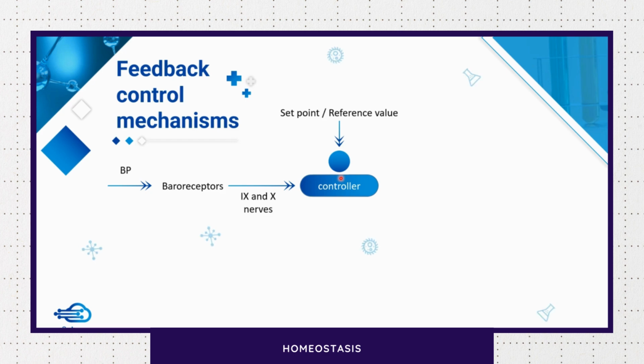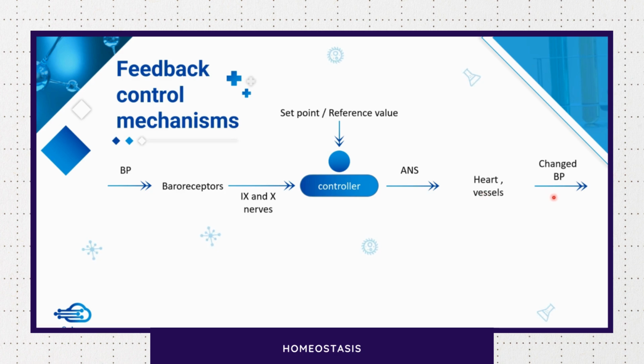The controller compares this current value of the blood pressure with a set point or reference value, and then via the autonomic nervous system, that is the sympathetic and parasympathetic nerves, it acts on the effectors, which are the heart and blood vessels in this case, and this results in a change in blood pressure.